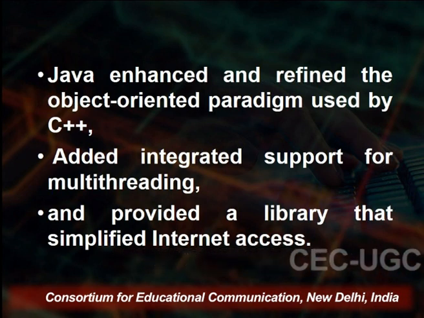So it is not only the object oriented programming concepts related to C++, but many additional facilities like support for multi-threading, a library for providing internet access, and some exception handling facilities in the form of object oriented programming. These characteristics are added to Java on top of C++, we can say.